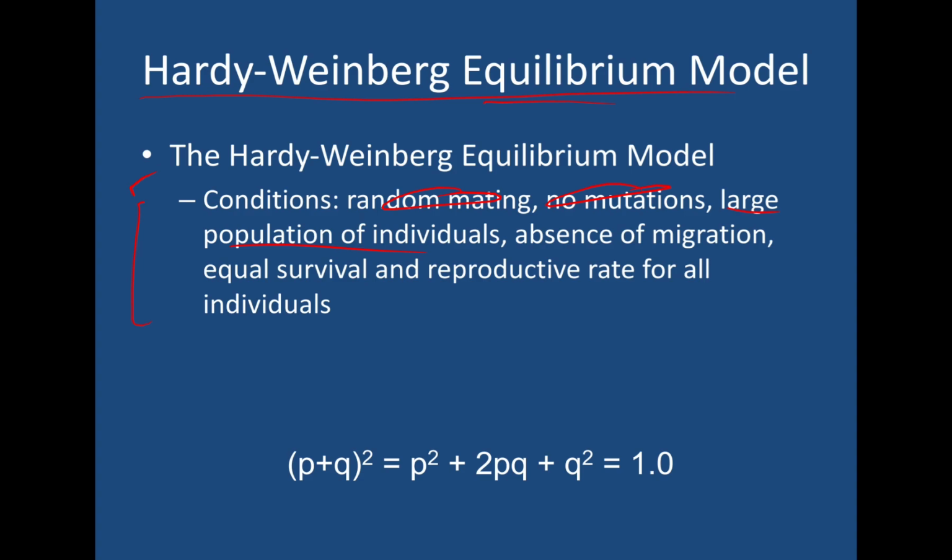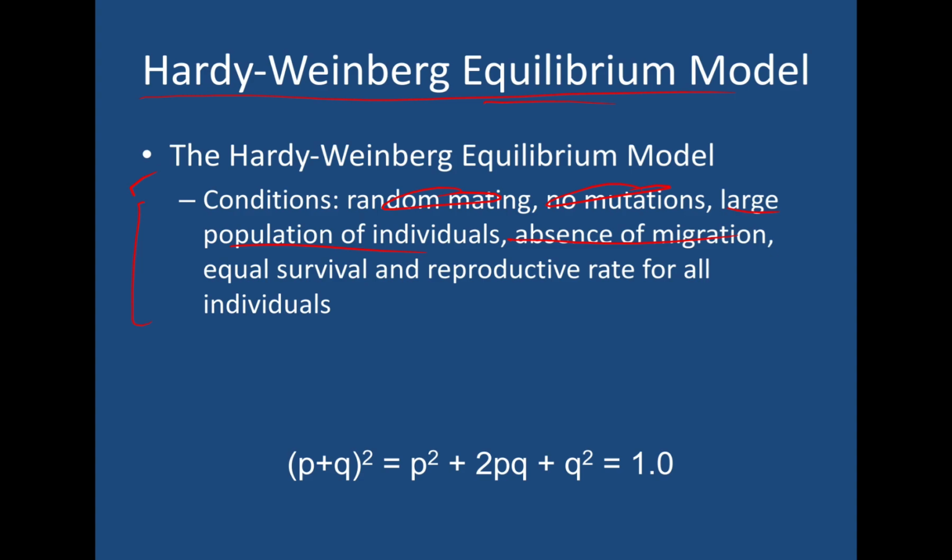Thus, large populations are required for the Hardy-Weinberg equilibrium model. The fourth is that there's supposed to be an absence of migration. This is pretty obvious. Either immigration or emigration can cause alleles to be lost or gained in a population. So that happens when individuals move, right?